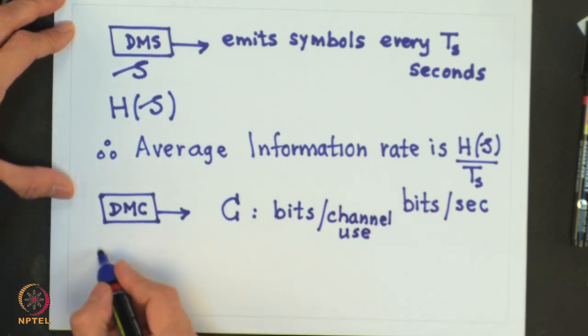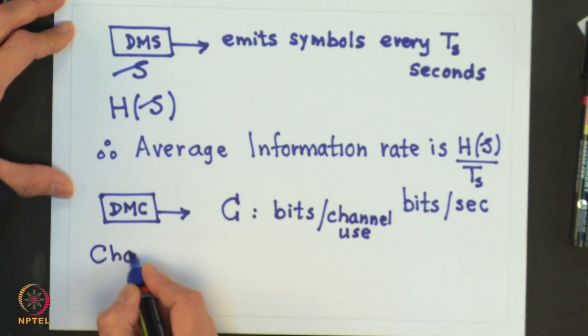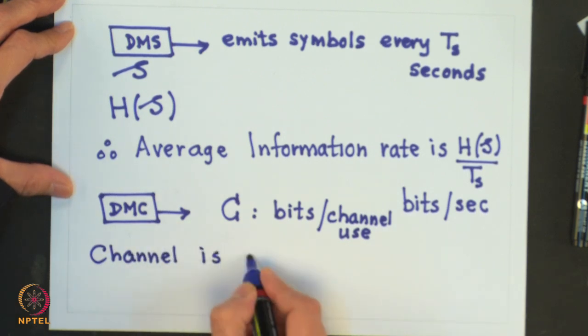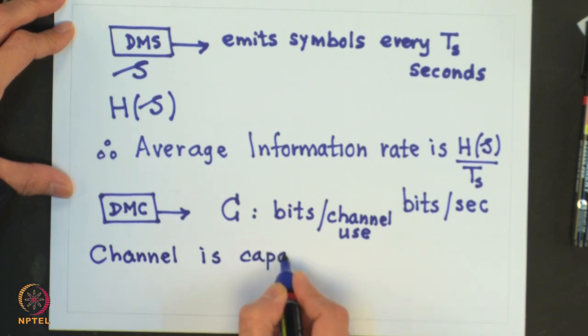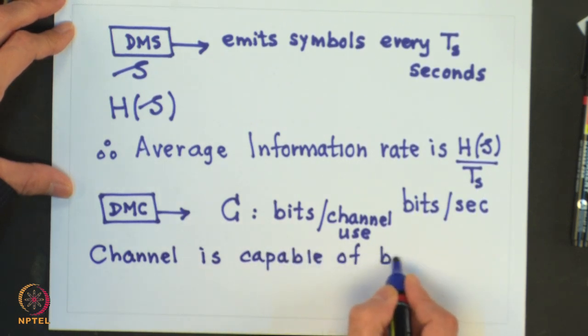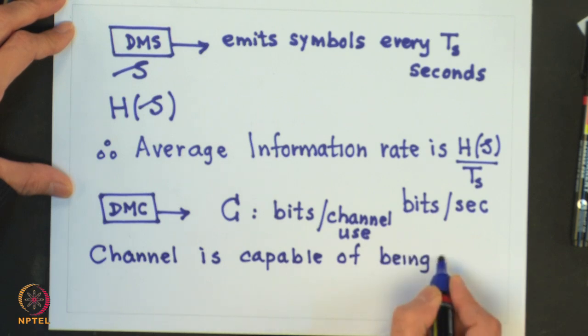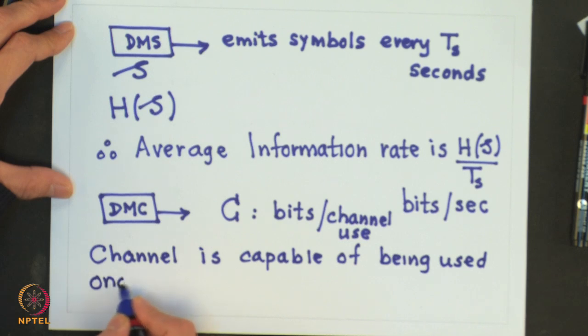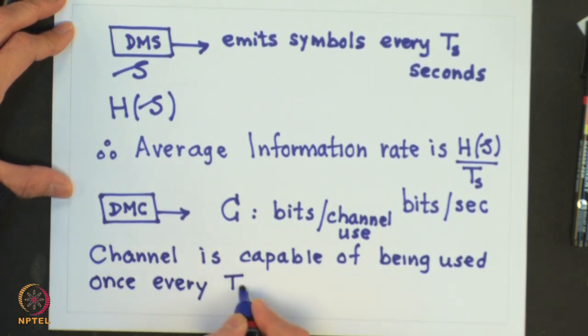Now, let us assume that this channel is capable of being used once every Tc seconds.